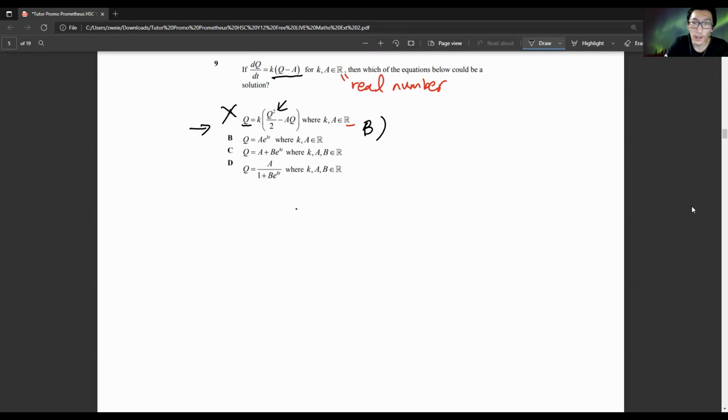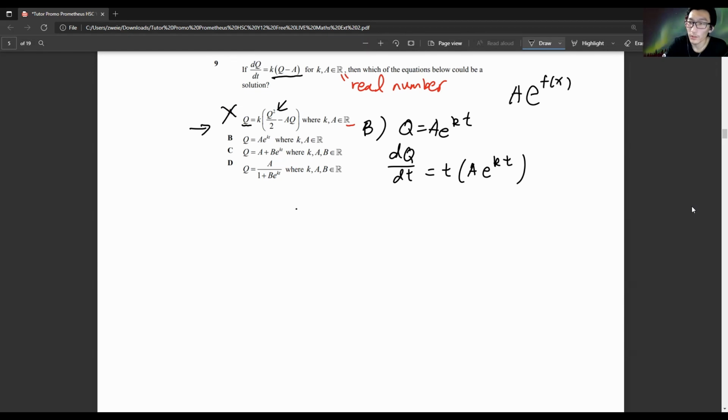From my B, I get Q equals A e^(kt). Then I get dQ on dt. I have A e to the power of f of x. When I differentiate, I will get f dash of x times A e^(f of x).